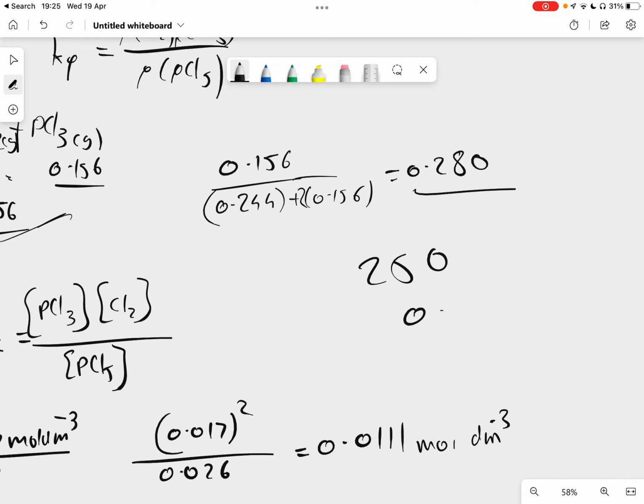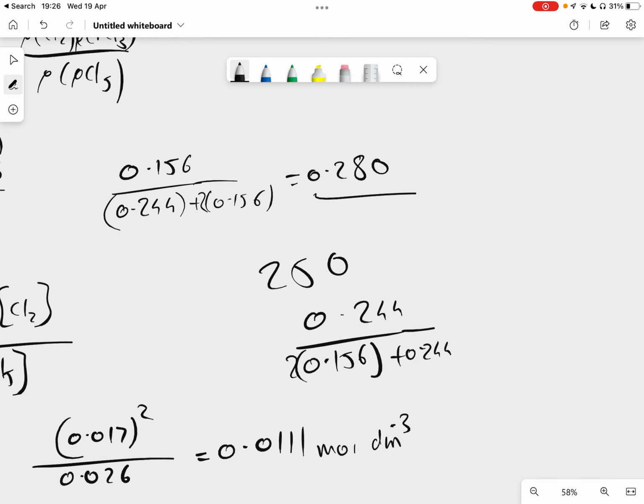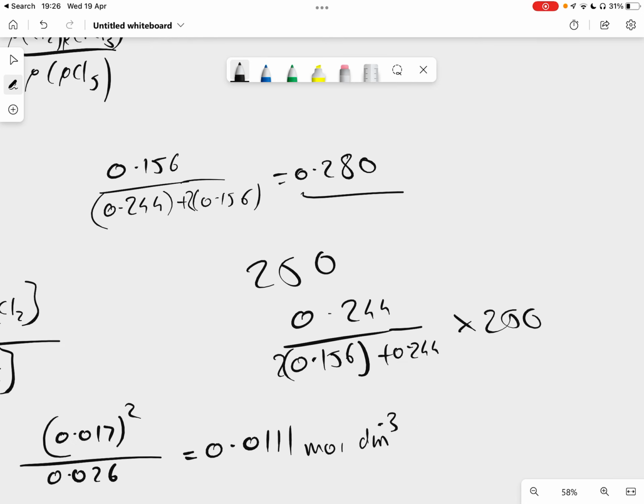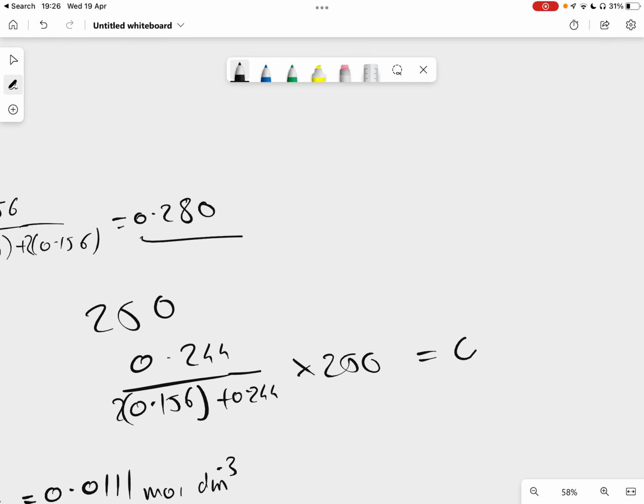So it's going to be 0.244 over 2 times 0.156 plus 0.244, because mole fraction times total gives us partial. This is equal to 0.439.